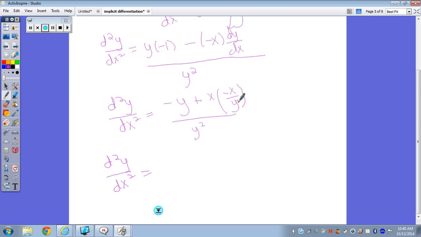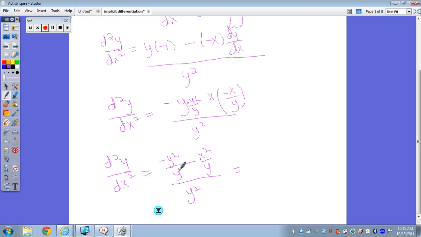When they simplify this, they would get a common denominator. So they would multiply this left one by y over y to get a common denominator. And that leaves us with negative y squared over y minus x squared over y. I just multiplied these all over y squared.